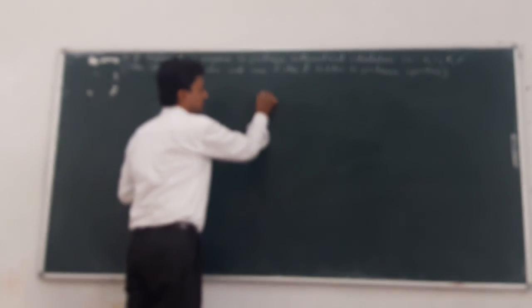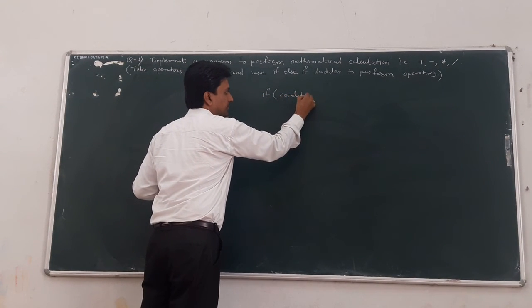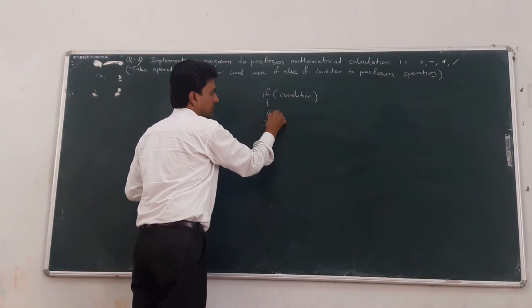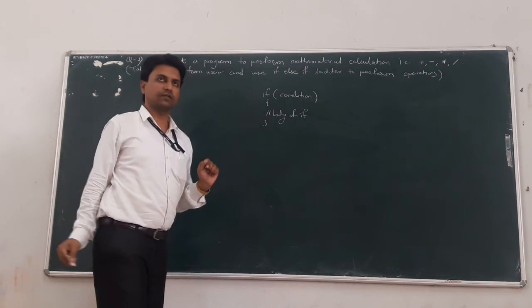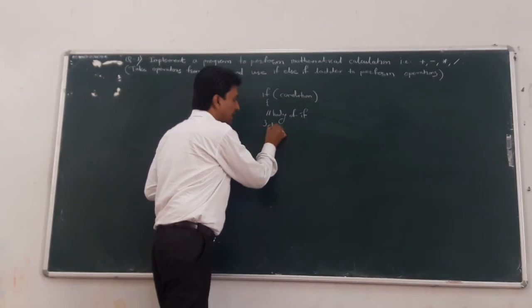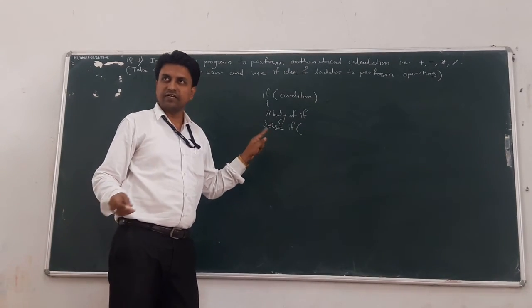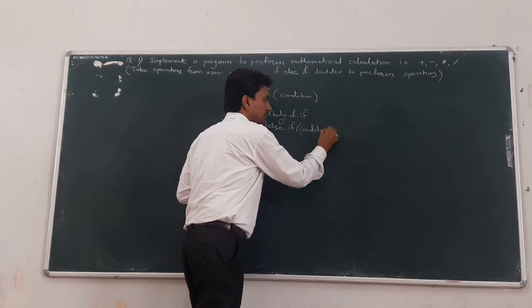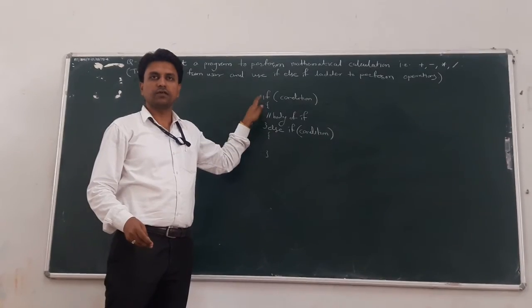The syntax of if else if ladder is: if condition, then this is the body of the if statement. After that, else if, here again a condition, next the curly bracket.